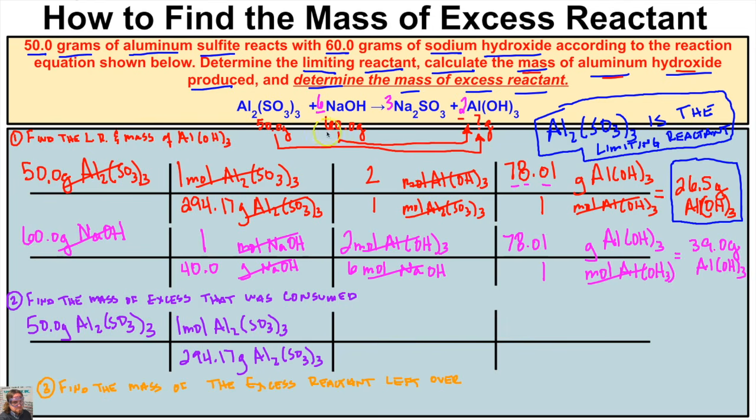Next, our mole ratio now, we're comparing the excess reactant to the limiting reactant. And if we take a look here, there's 6 moles of NaOH to 1 mole of aluminum sulfite.